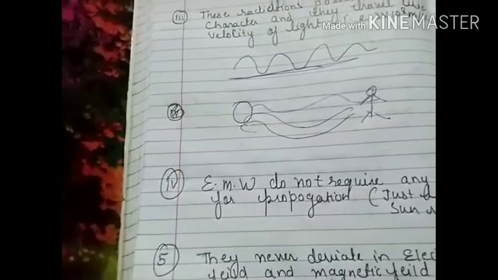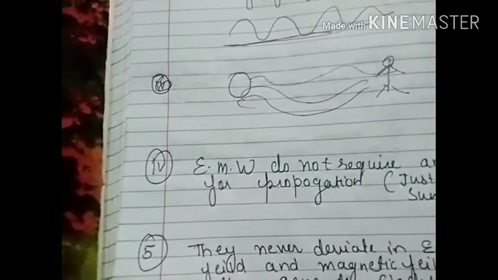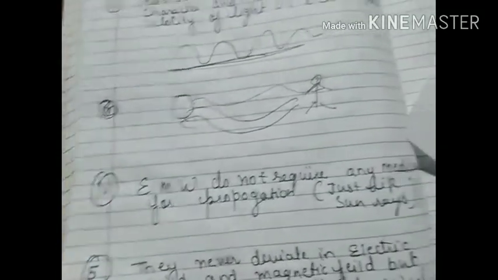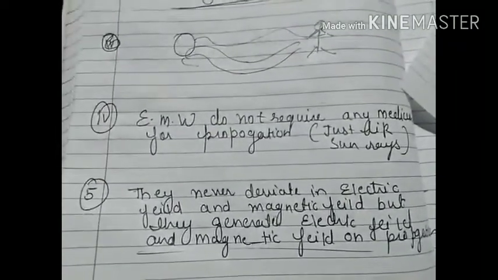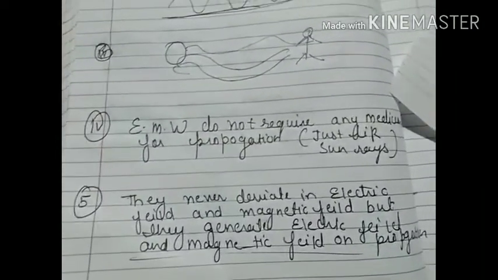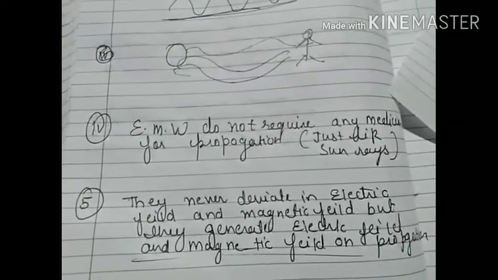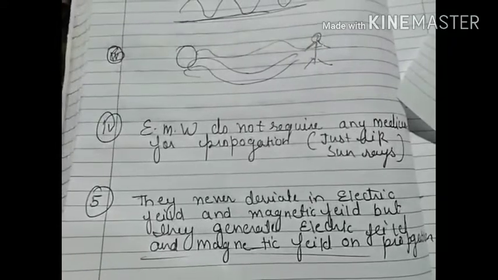Clear? Third point is these radiations possess wave character and they travel approximately with the velocity of light. Fourth property, electromagnetic waves do not require any medium for propagation. And last one, they never deviate in electric field and magnetic field, but they generate electric and magnetic field on propagation. I hope these points are clear to you.